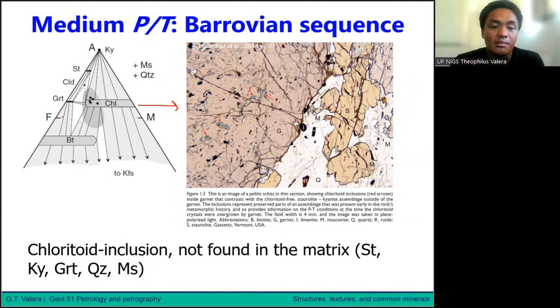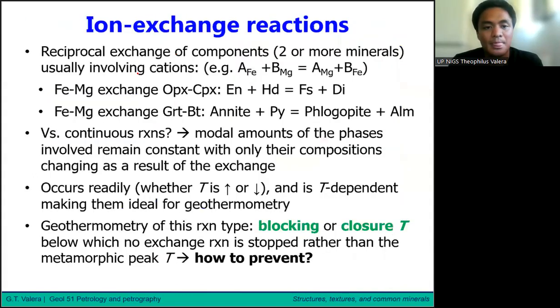So you can imagine chloritoid is out, garnet becomes stable with staurolite. So you have no staurolite in the inclusion in garnet because before, you had a tie line with chloritoid. But once chloritoid is terminally eliminated, what you have in the matrix reflects this new tie line of garnet and staurolite. So chloritoid is found in inclusion but not in the matrix.